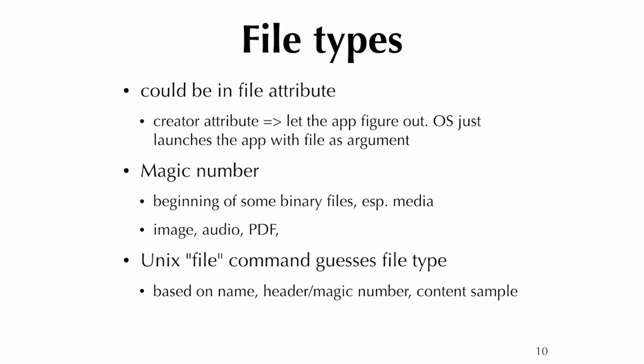Now, file types, in some cases, may be part of the format of the file. So a lot of files have what are called magic numbers. And these would be some unique, you might call it a string, but really just a sequence of bytes that define some kind of signature at the beginning, especially for binary files.